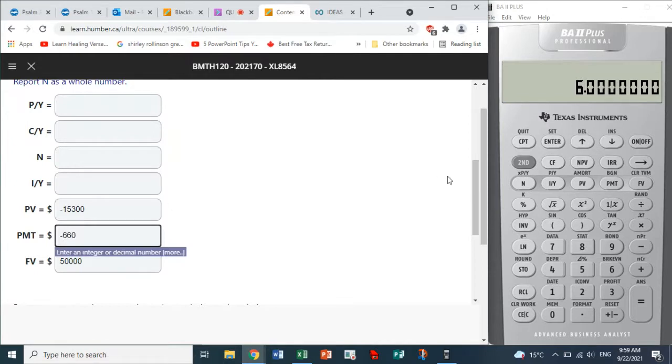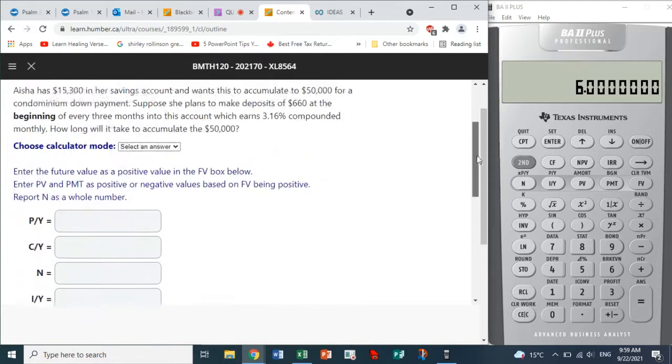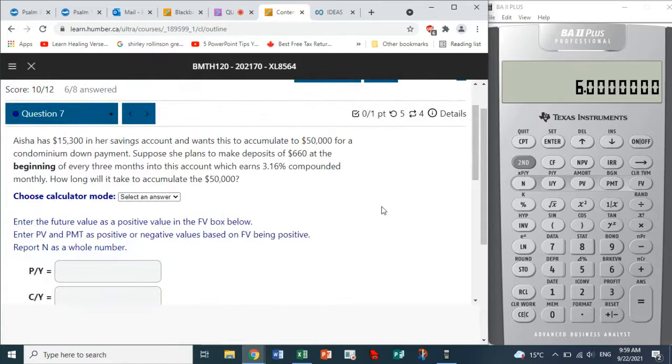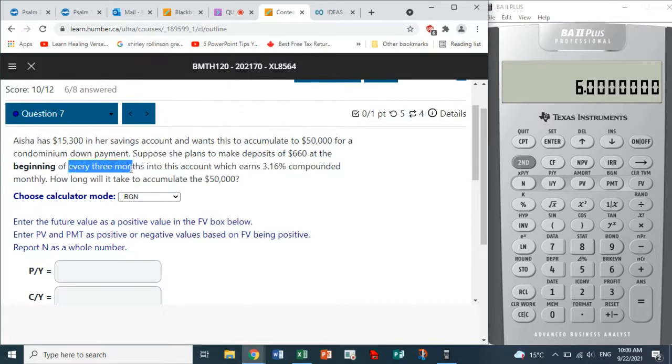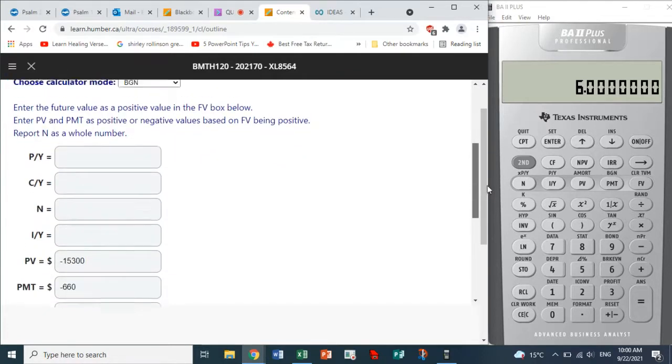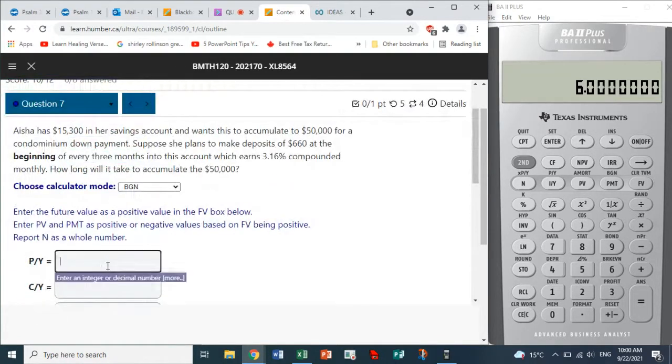All right, and then it's at the beginning. So beginning is this answer right here. The mode has to be in the begin mode every 3 months. So every 3 months would mean 4 times per year. Correct? So those are the payments. So PY would be 4.